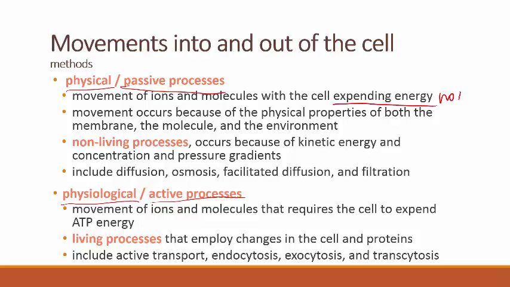So no ATP is required. And materials move across a cell membrane passively because of the physical properties of the membrane, the molecules that are moving, and the environment. So it's just a physics thing. It has nothing to do with anything biological.